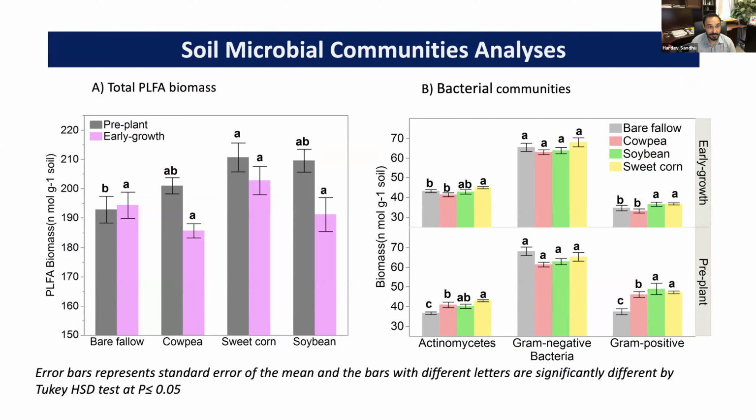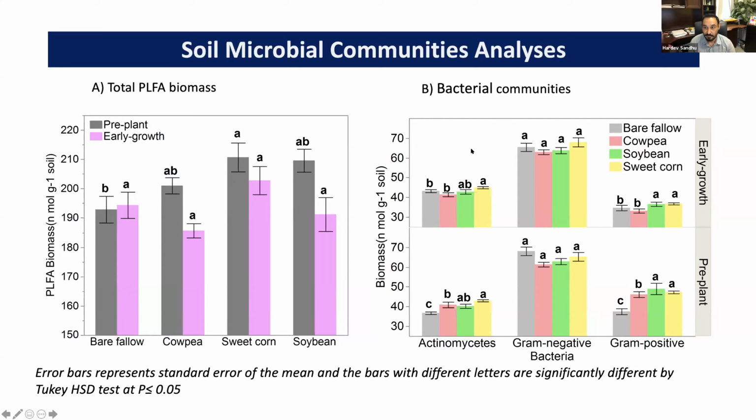At pre-plant, we did see some significant differences in the microbial biomass, where bare fallow was significantly lower compared to sweet corn, and the others were not significantly different. However, at the early growth stage, after 3 months of growth, we didn't see much difference. All of them were statistically similar.